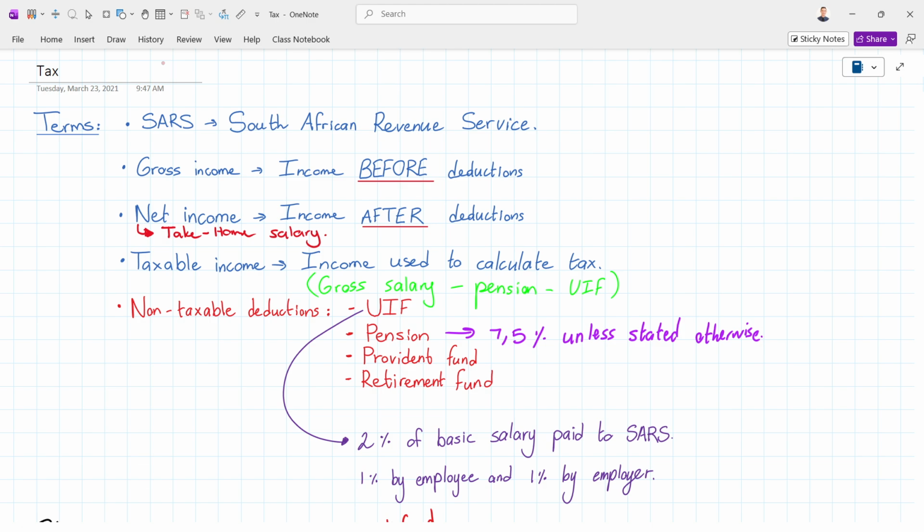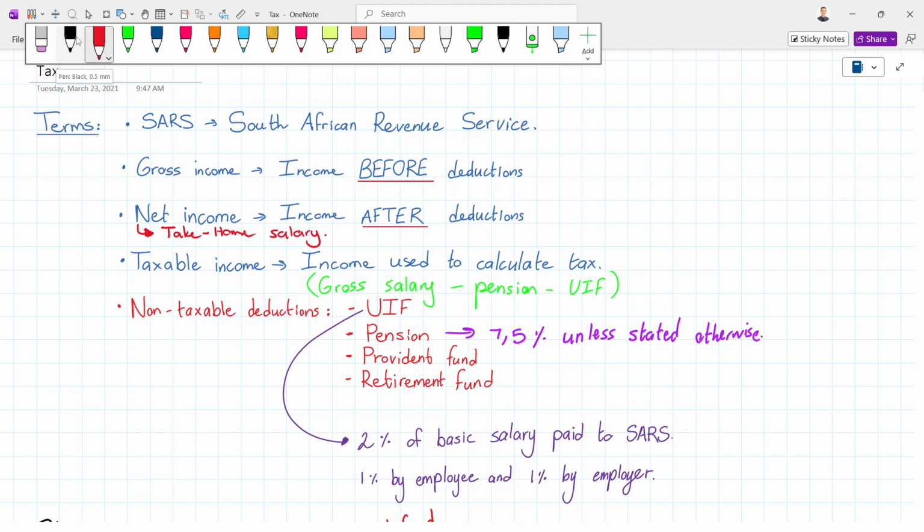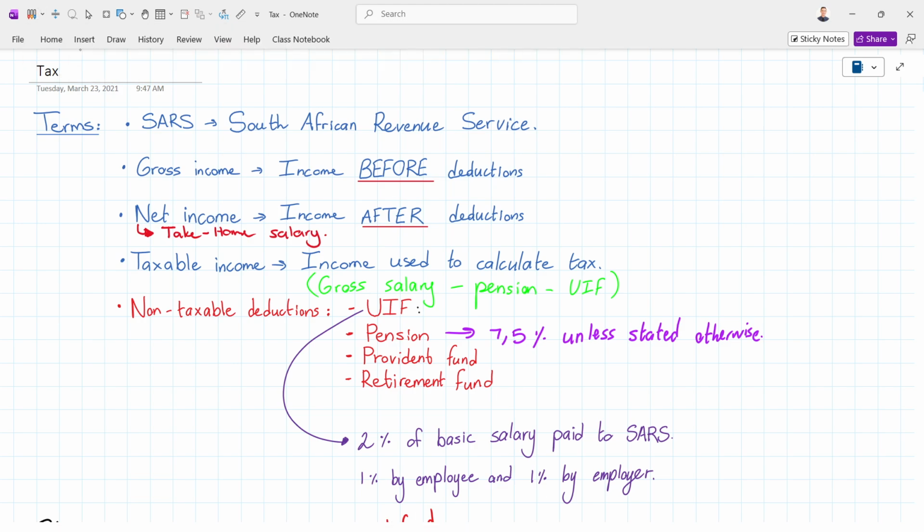So UIF is the, surprised I haven't listed that, that is the Unemployment Insurance Fund. Let me make a note of that quickly. UIF, it is the Unemployment Insurance Fund.